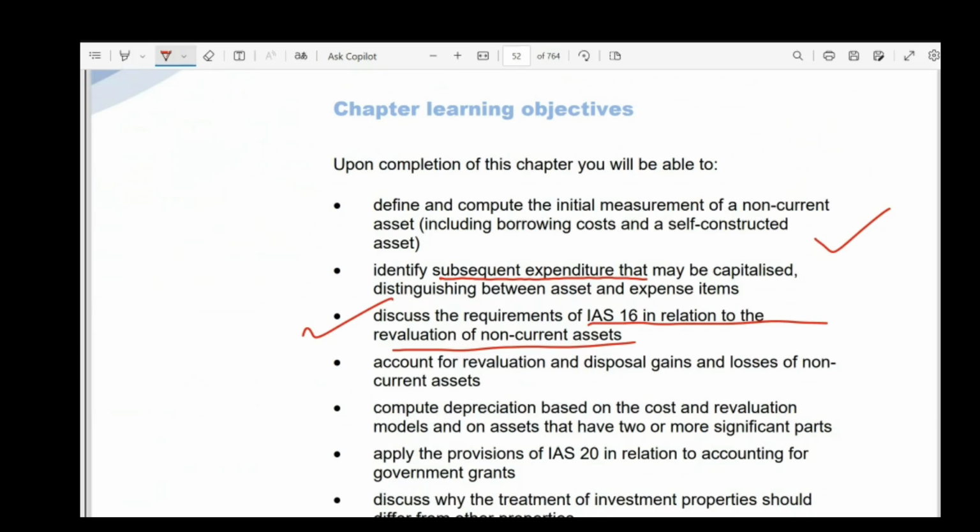A vehicle's value may increase or decrease after 2 or 3 years, or a building's or property's land and building value may increase. This comes under revaluation. For example, a property valued at 5 million 5 years ago may now be valued at 25 million. The difference will be considered a revaluation gain, and we will be discussing that here.